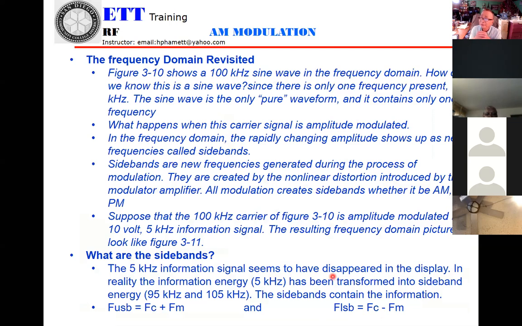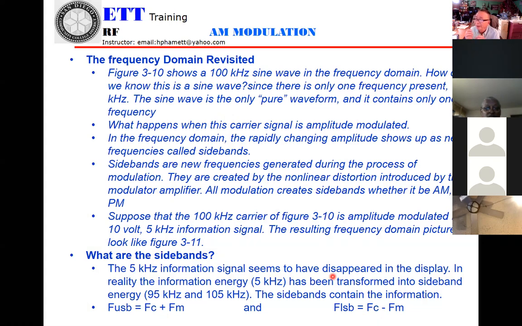Frequency domain. On figure 3.10, they just explained what I already told you. So 100K sine wave in the frequency domain. How do we know this is a sine wave? Since there is only one frequency present, 100 kilohertz.